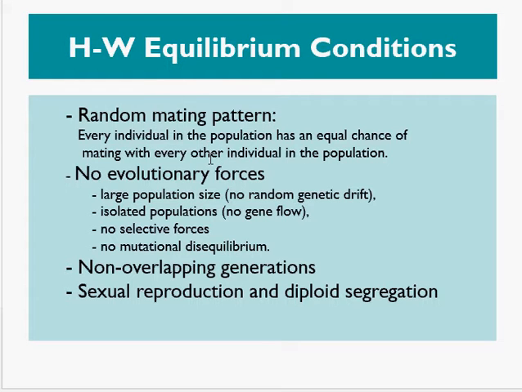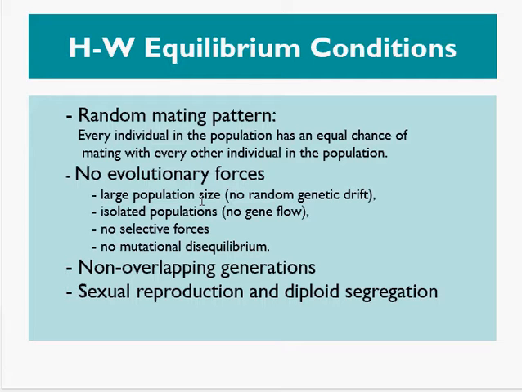So all alleles in the population have an equal chance of making it into the next generation. That means there must be no selective forces, no evolutionary forces changing the genetic diversity or the allele composition within the population.